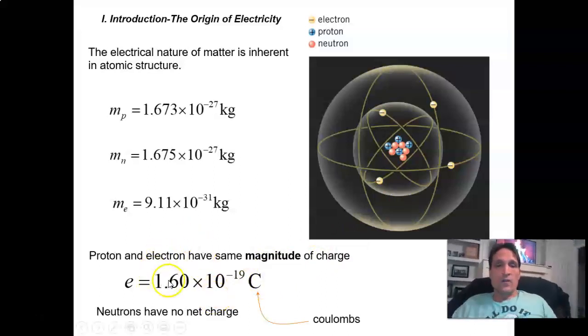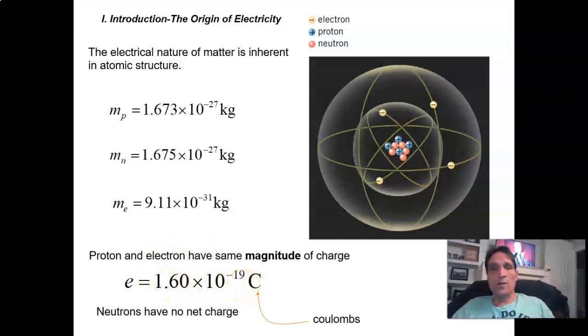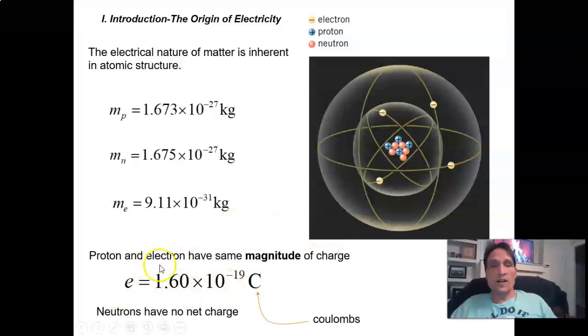Okay, and so a proton and an electron each have a magnitude of 1.6 times 10 to the negative 19 coulombs of charge, but the proton has a positive charge and the electron has a negative. And we call this e, which is the unit of charge of a proton or an electron. Okay, 1.6 times 10 to the negative 19 coulombs.